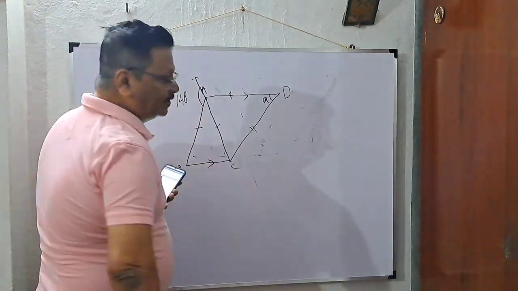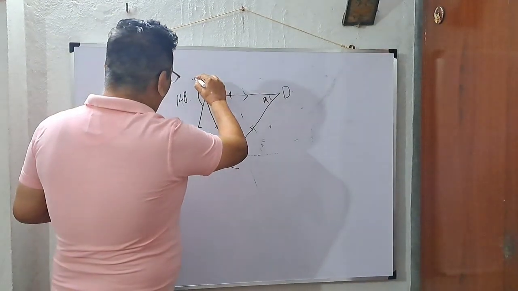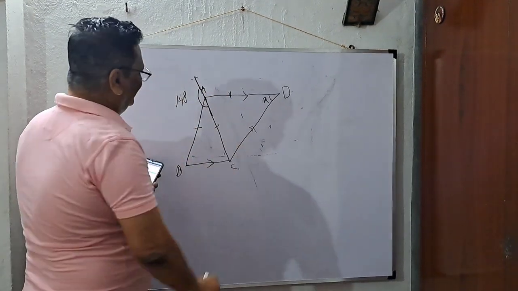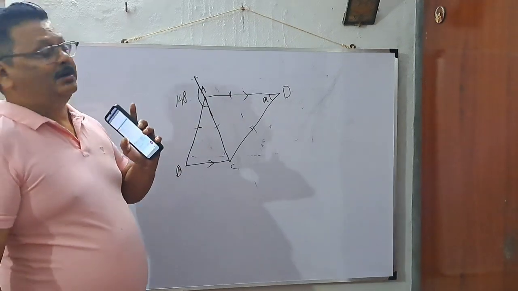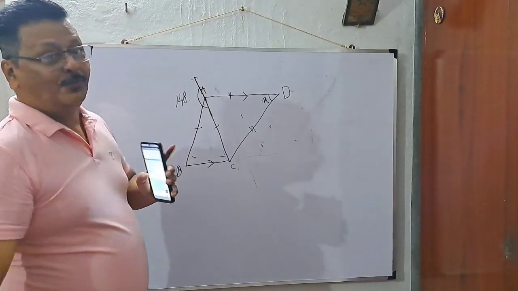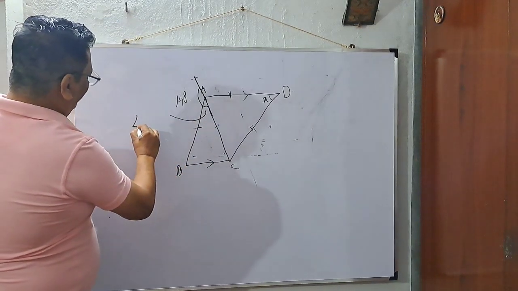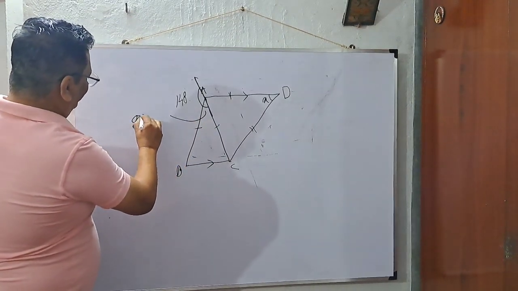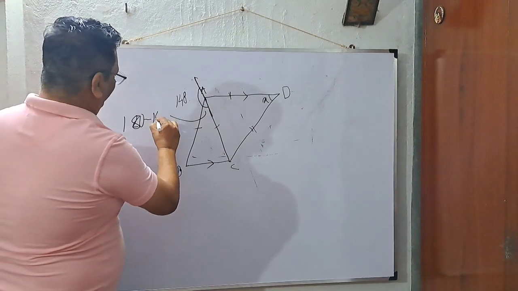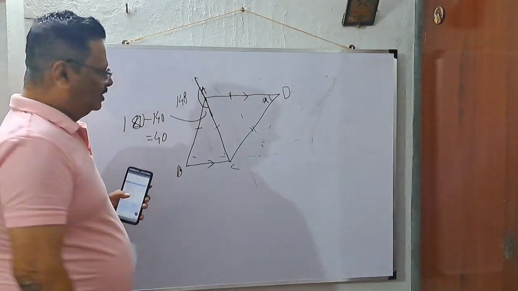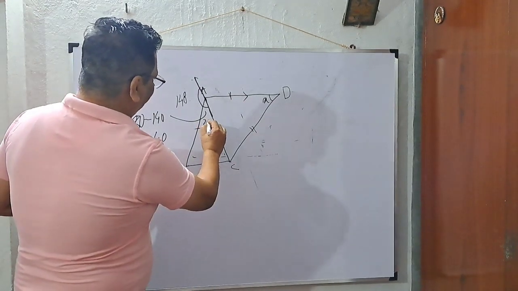Since this is 140 degrees and this is a straight line of 180 degrees, this angle will be 180 minus 140, which is equal to 40 degrees. So this is 40 degrees.